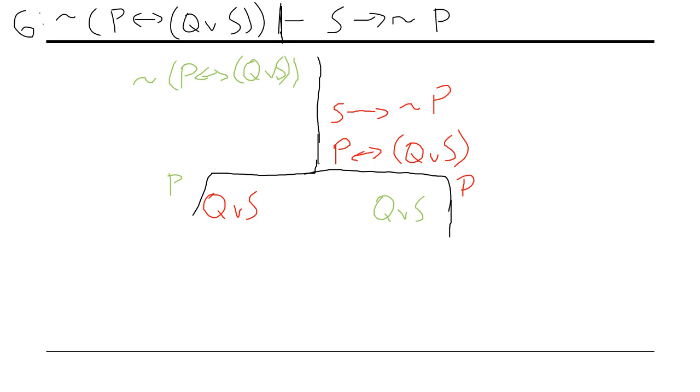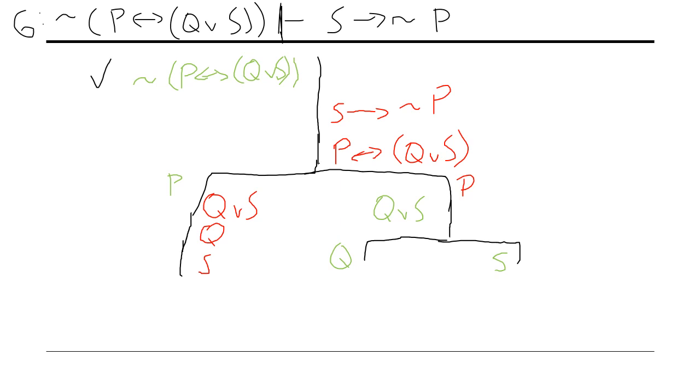We still need to break down these wedges. Let's look at this first one. When is a wedge false? Well, it's false when both of them are false. And when is it true is when either one of them is true. Like that. So now we've broken those down as far as they'll go. So that one is done.